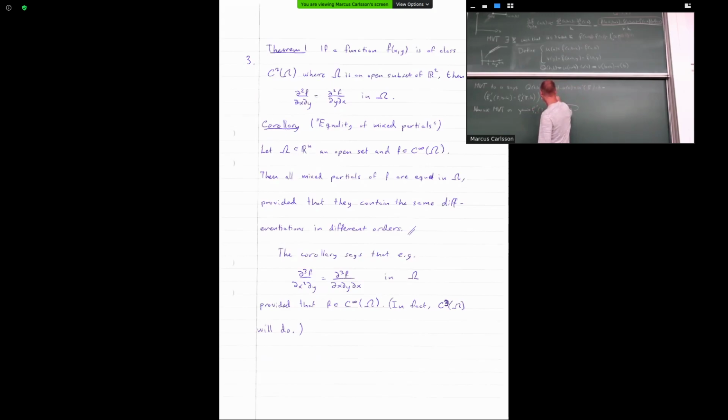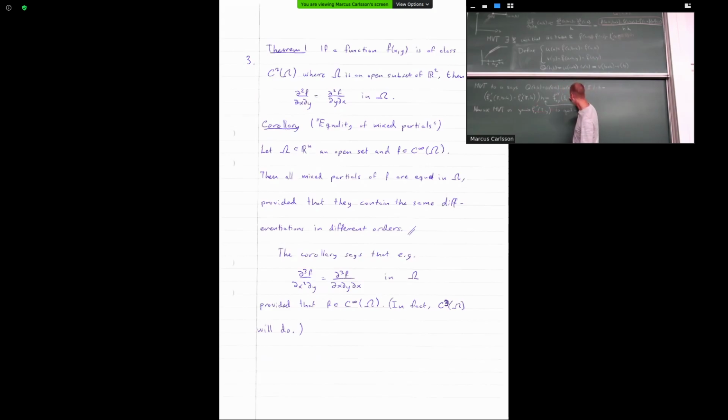Giving me now f double prime or bis x and then y, right? So now I use the mean value theorem on this one.